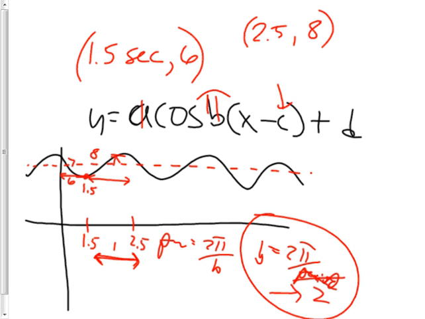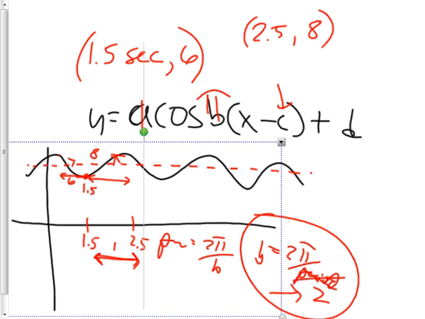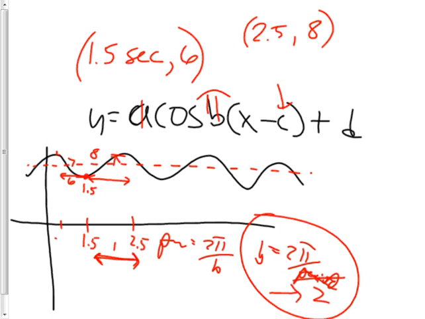Do you get that this peak right here would be at time 0.5? That means this axis here needs to be budged over a bit. This first peak would have been at time 0.5. Do you get why? Because if it's 1 from here to here, then it's going to be 1 from here to here. Okay, so do you get then that this has been shifted a little bit?